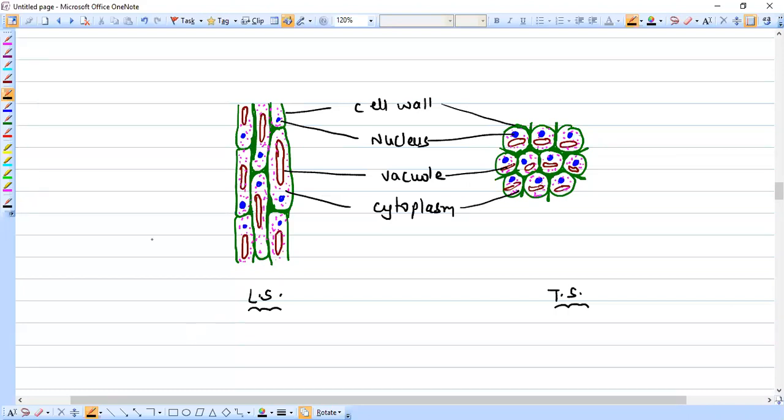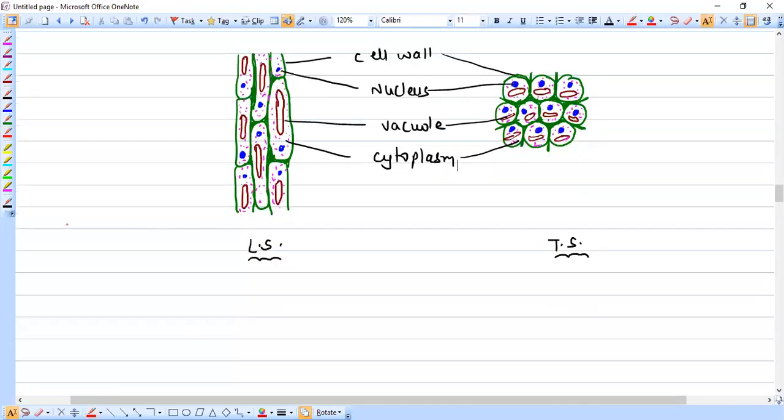Let's talk about the functions. So now we are going to talk about the functions of Sclerenchyma. So very first and the most important function that I can suggest is that this Sclerenchyma is responsible for providing tensile strength.